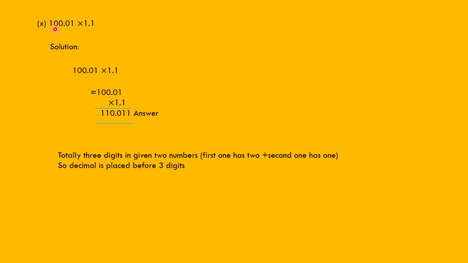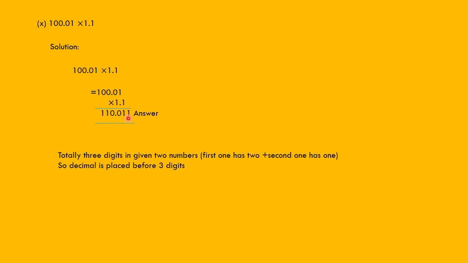Now next question. 100.01 into 11. So how do you do this? Do a normal multiplication. Ignore all the decimal places while doing the multiplication, and after the multiplication, add the decimal place.